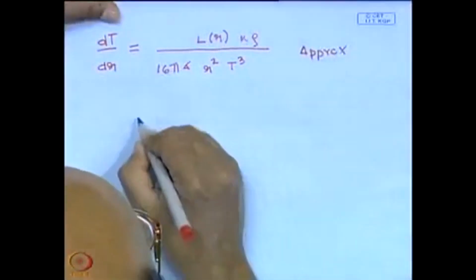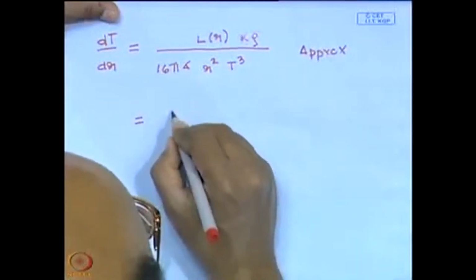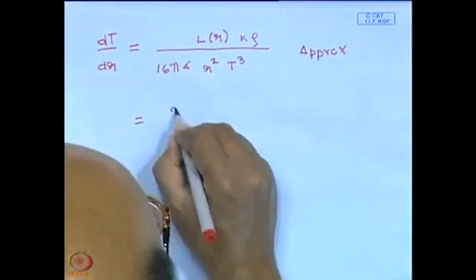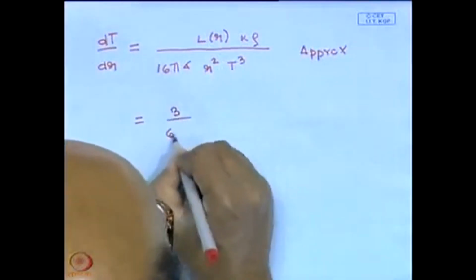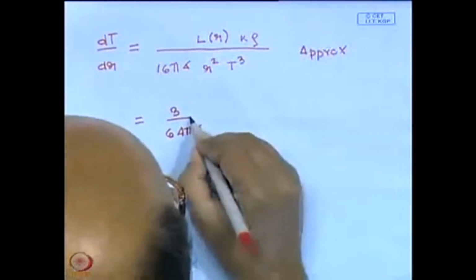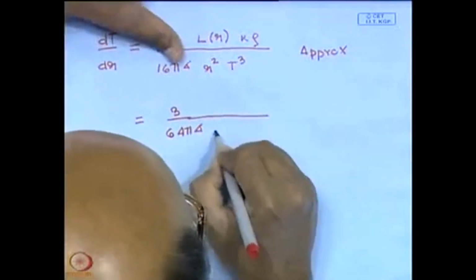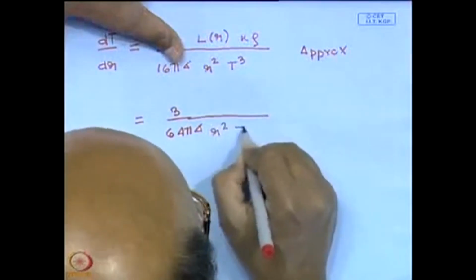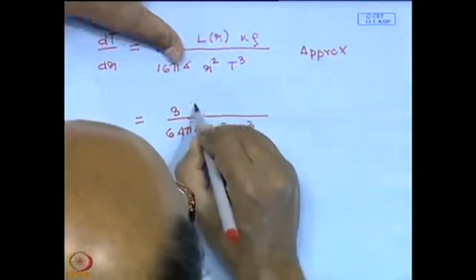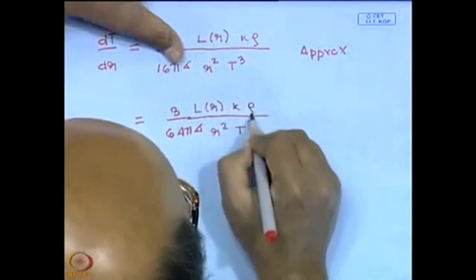If you do a more detailed calculation, what you get, instead of 1 by 16, you get 3 by 64 pi sigma r square T cube, times L, r, kappa, rho.